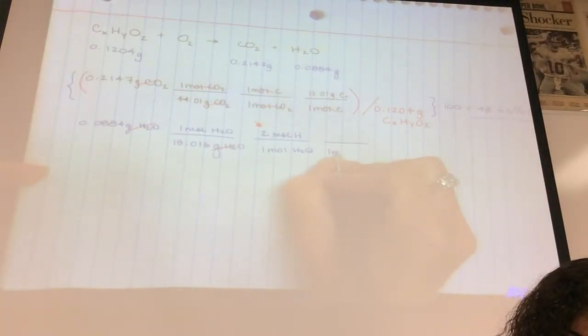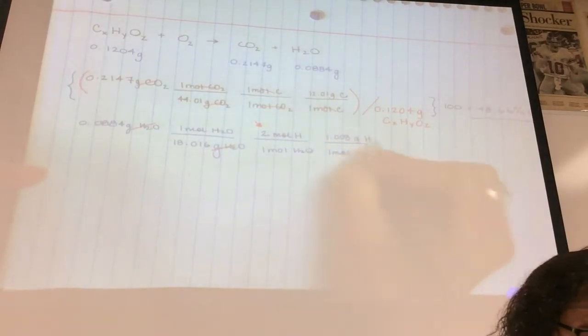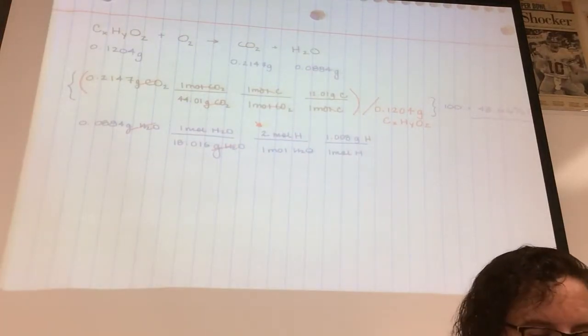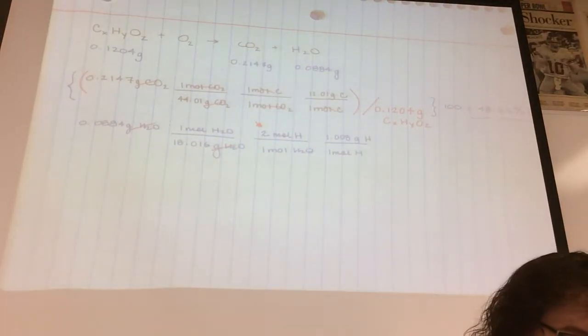For every 1 mole of H, I have 1.008 grams of H. You just want the element. Don't get into, oh my gosh, it's diatomic. Don't go there.